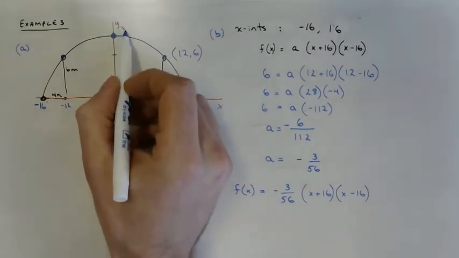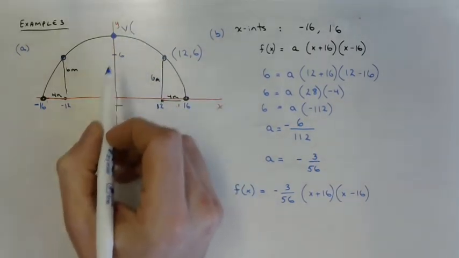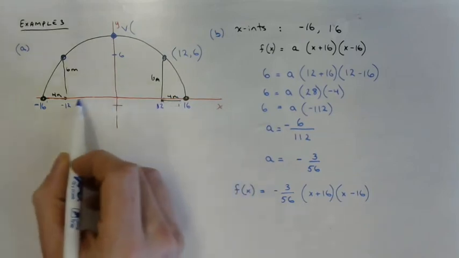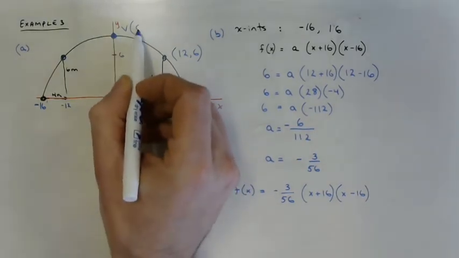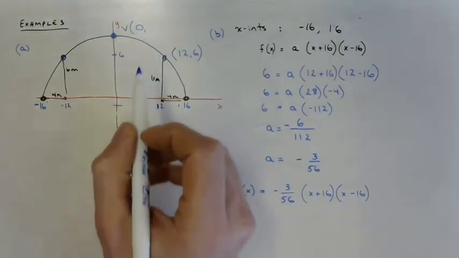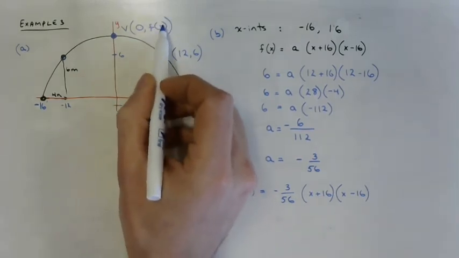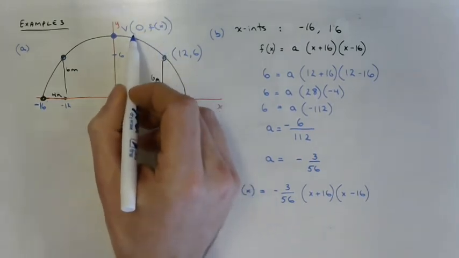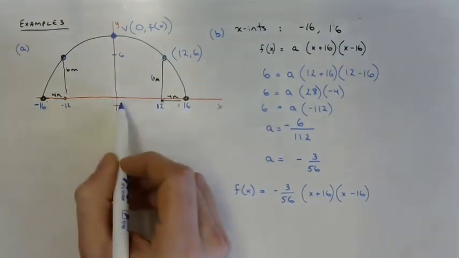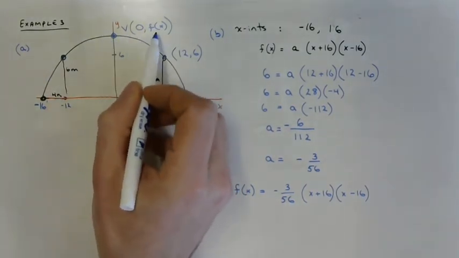What's the x value of the vertex? 0. Okay, the x value is 0. So we know that the maximum height is going to be the value of the function when x equals 0, because this point right here is 0 something.